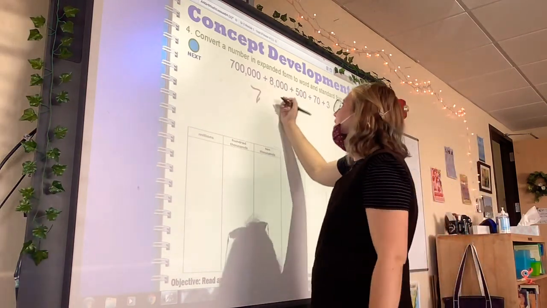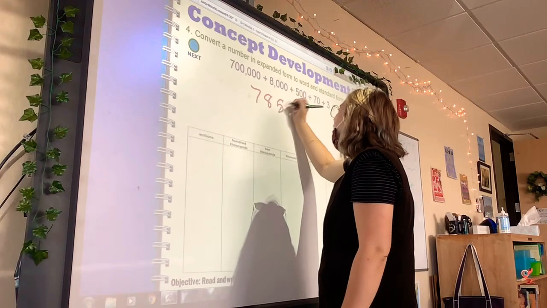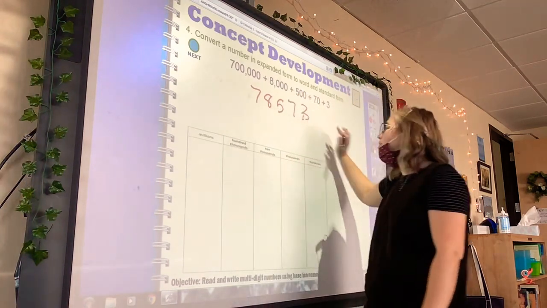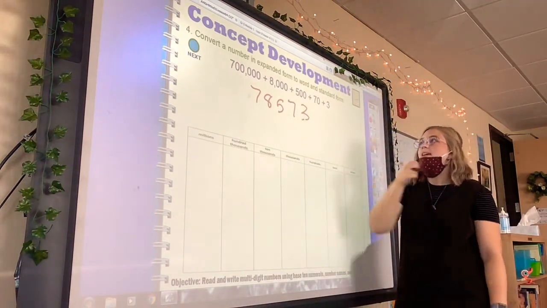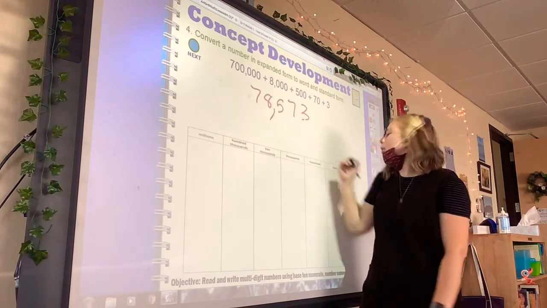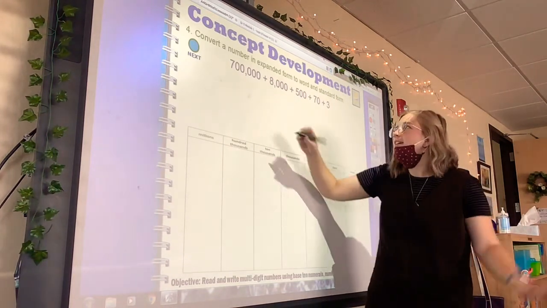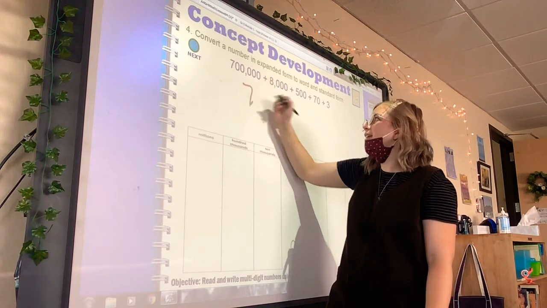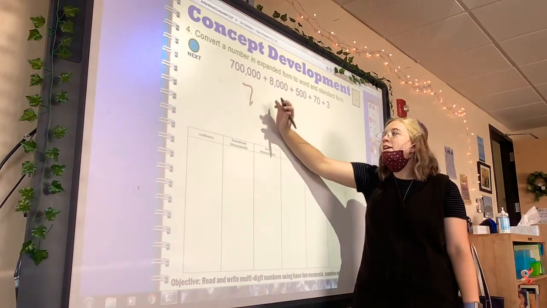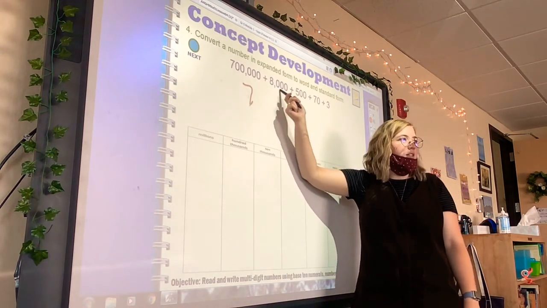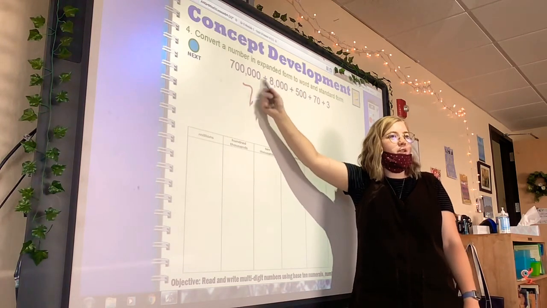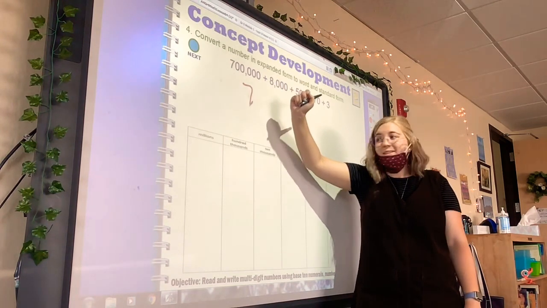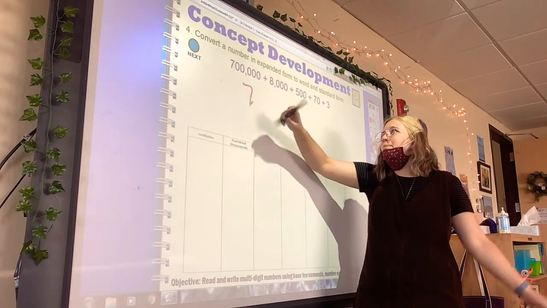So if I'm writing this in standard form, this is what that would look like. Oh, no, it wouldn't. Hold on. This is 700,000, my bad. 700,000, and then this is 8,000. So what place value am I missing between those two? 10,000. Thank you to that one person, awesome.